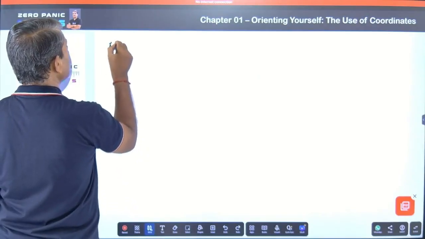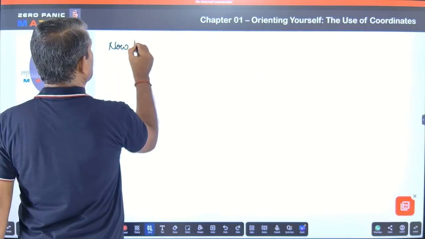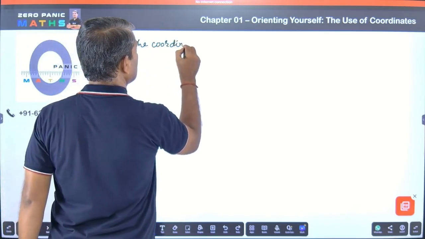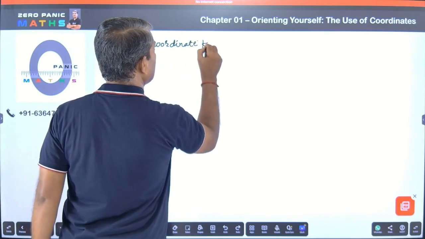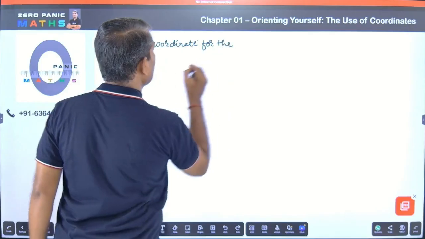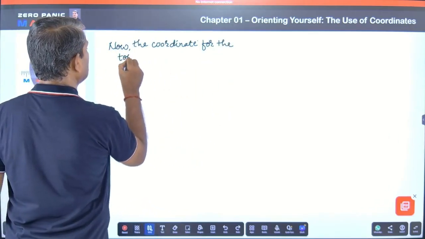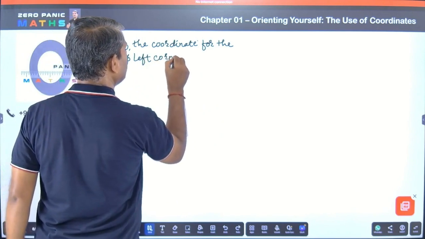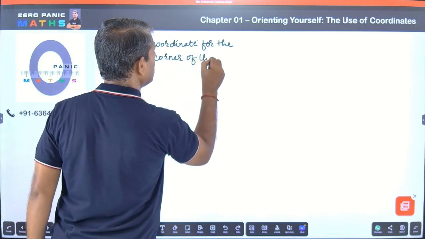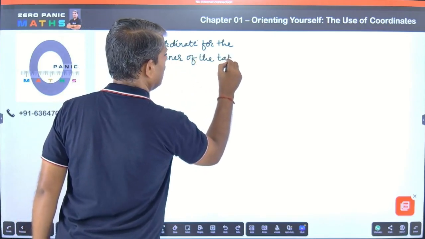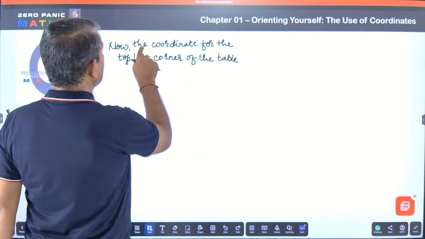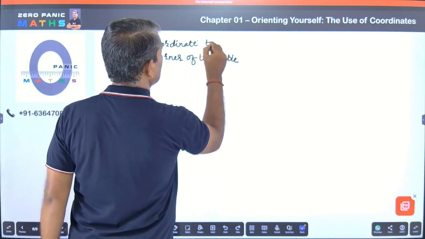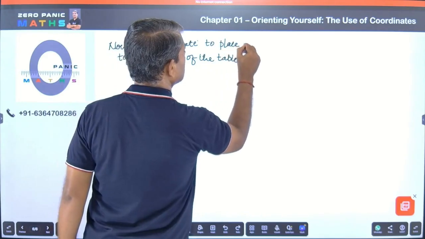Now the coordinate for the top left corner of the table, or you can say the coordinate to place the top left corner of the table, because we are going to place that.